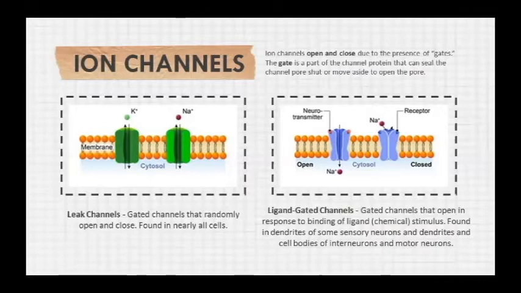The next one is the ligand-gated channel, which are gated channels that open in response to binding of a ligand or chemical stimulus, found in dendrites of some sensory neurons and in dendrites and cell bodies of interneurons and motor neurons.